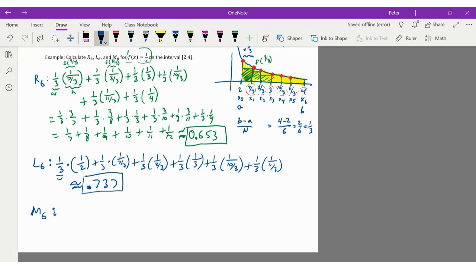So for the midpoint, we need something a little bit different because now, let me draw this again. I've got 2, 4, putting in those numbers. What I actually need is to be able to choose a point that's in between them.